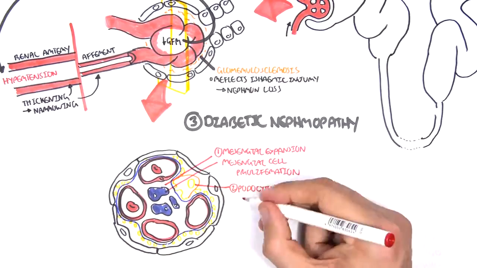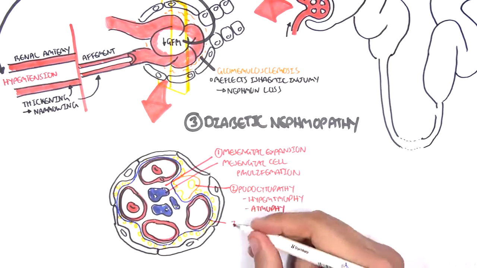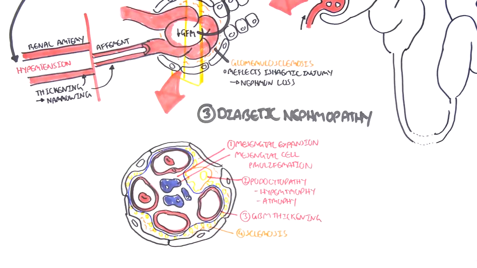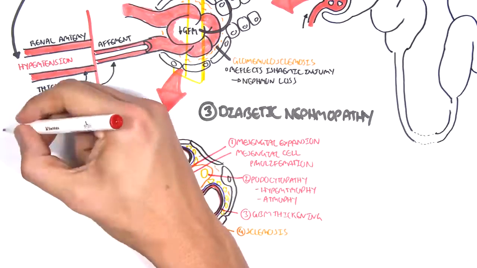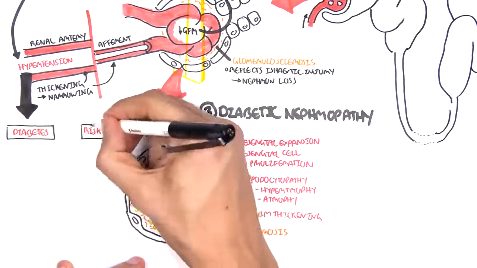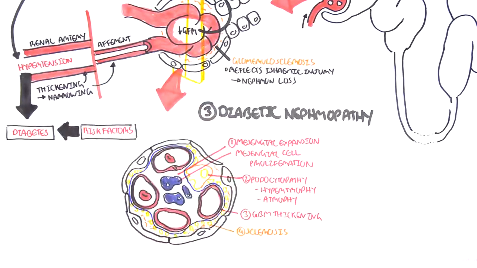We see podocytopathy, which includes podocyte hypertrophy and eventually atrophy. We see glomerular basement membrane thickening and sclerosis, and sclerosis is essentially what we see in hypertension as well. So, how do all these changes occur? People develop diabetes because of risk factors, which include hypertension. Diabetes is a condition where you have high blood glucose.